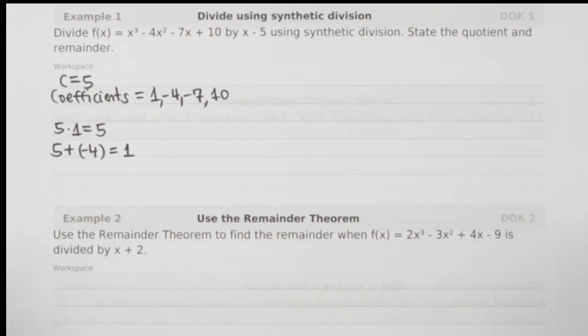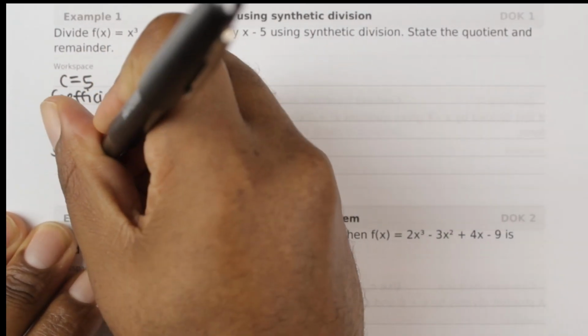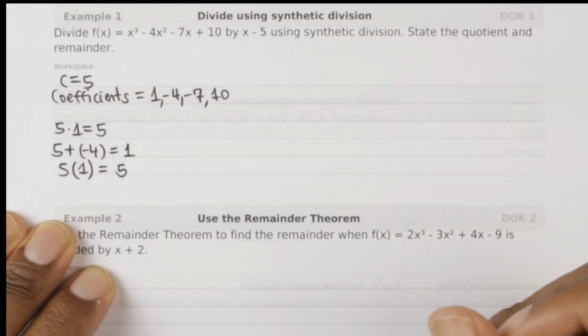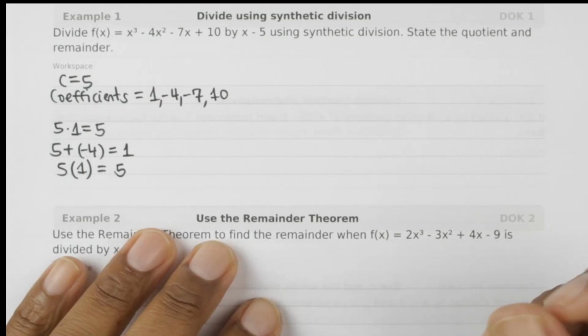Then we multiply 5 times 1, and add -7 and 5.